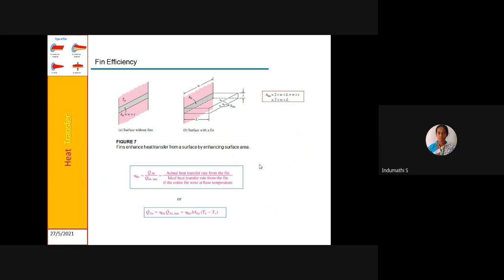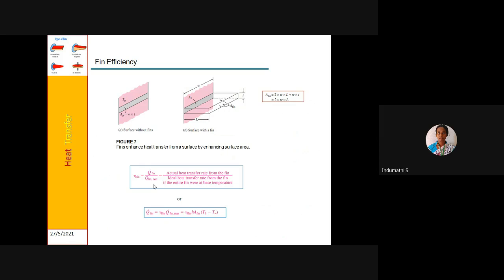Mathematically, eta fin is equal to Q fin divided by Q fin max. One more time I am repeating, the efficiency of the fin is the ratio of actual heat transferred by the fin to the maximum heat transferable by the fin if the entire fin area were at base temperature. The maximum heat transfer would occur if the temperature of the extended surface was equal to the base temperature T naught at all points.